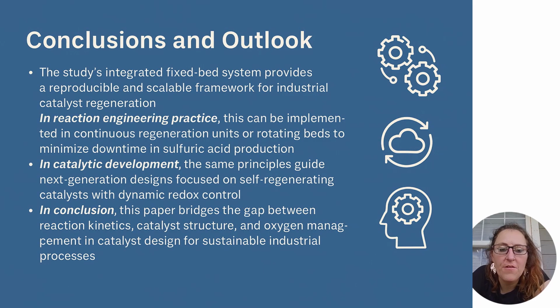The study's integrated fixed-bed system provides a reproducible and scalable framework for industrial catalyst regeneration. In reaction engineering practice, this can be implemented in continuous regeneration units or rotating beds to minimize downtime in sulfuric acid production. In catalytic development, the same principles guide next-generation designs focused on self-regenerating catalysts with dynamic redox control.